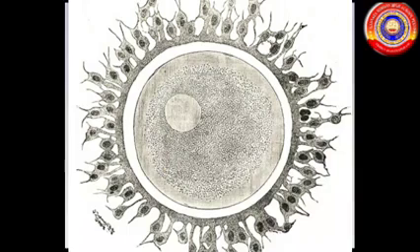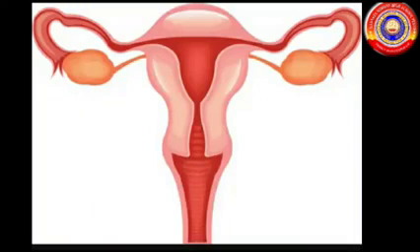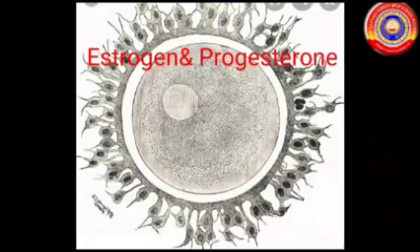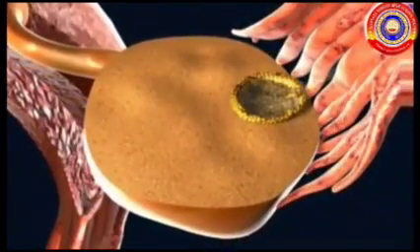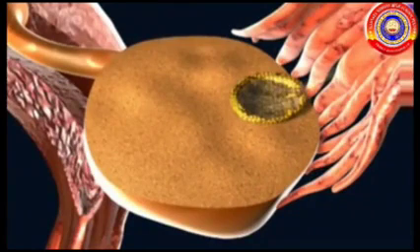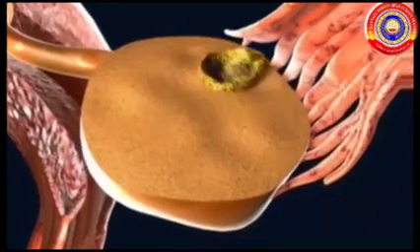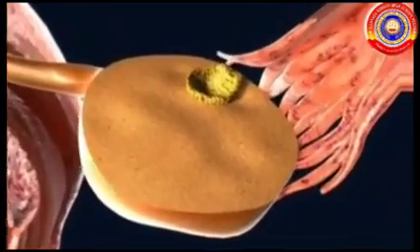A pair of ovaries situated in the abdominal cavity produces ova and the female hormones called estrogen and progesterone. Normally, one ovum matures per month. Ovulation is the process of releasing mature ovum from the ovary.